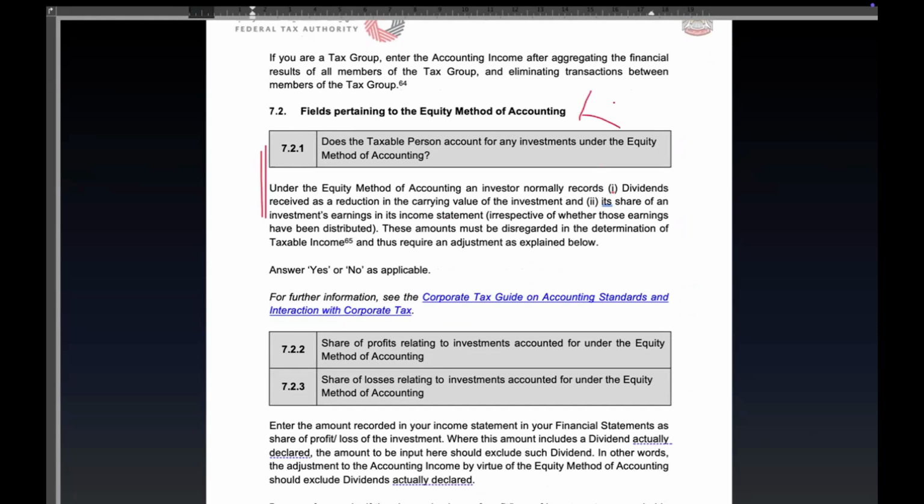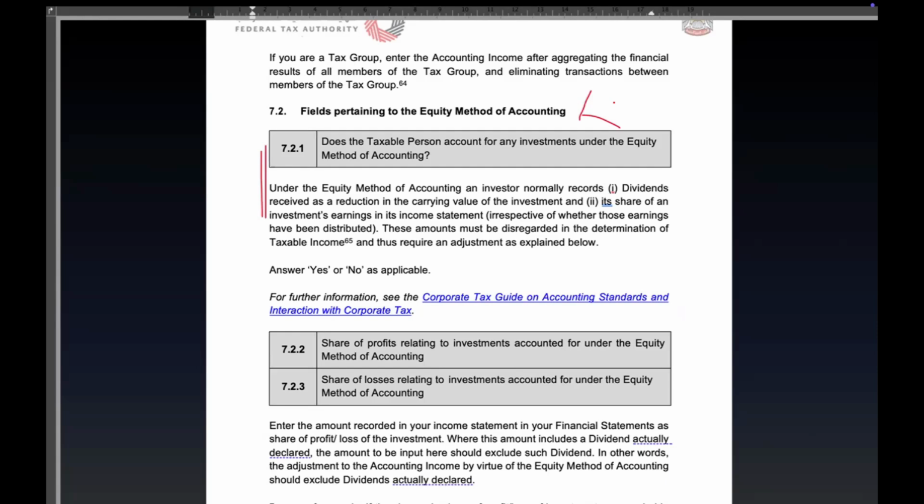If you are receiving from a resident juridical person, then dividend is exempt without any conditions. But if you are receiving a dividend from a foreign person, which is not a resident juridical person, then this dividend is subject to participation exemption.